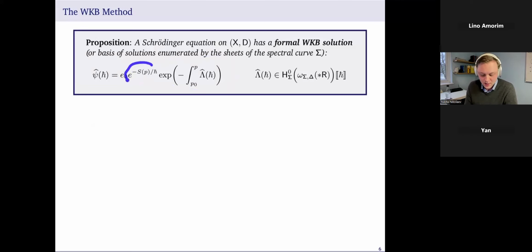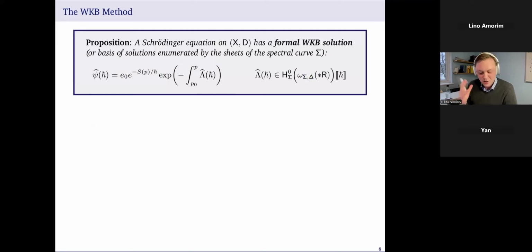It has the period-like integral of the canonical one form, and it has the other factor, which is an exponential integral of a power series valued in differential forms. This lambda hat is a power series in h bar whose coefficients are global differential forms on the spectral curve with poles, first of all along delta in the prescribed way, just like you had.